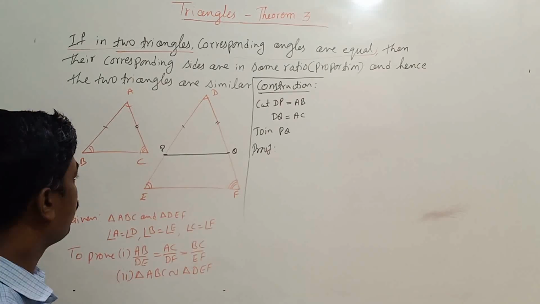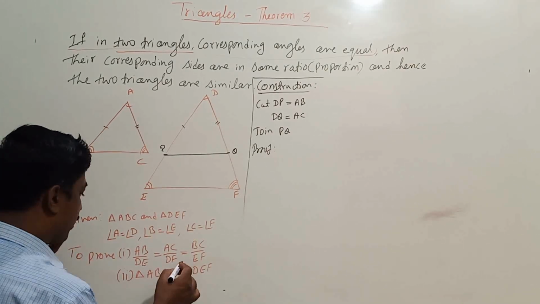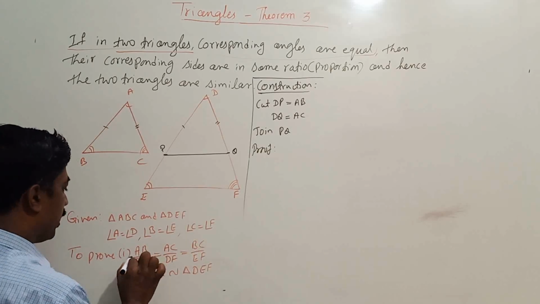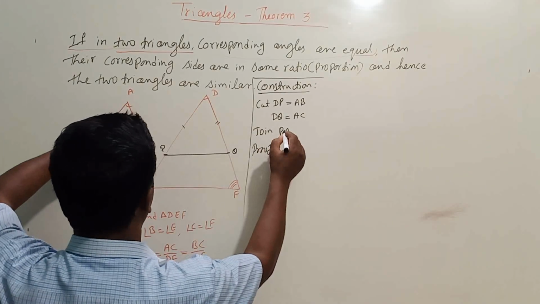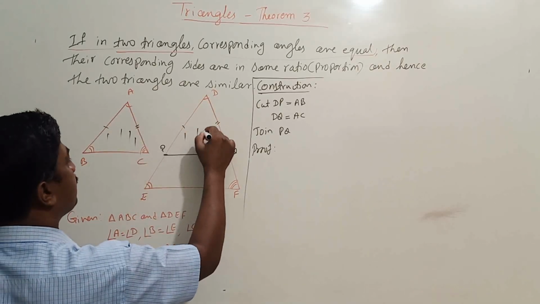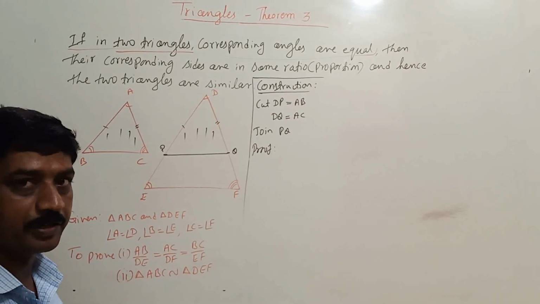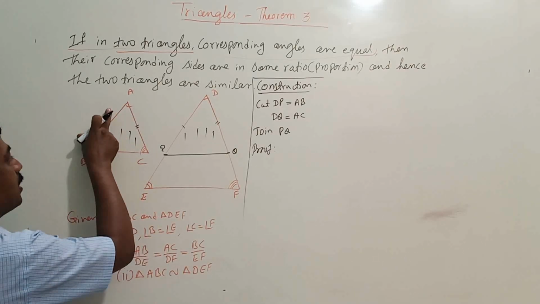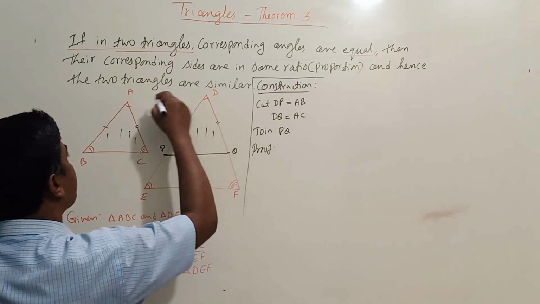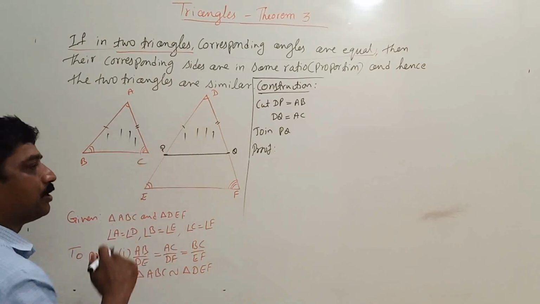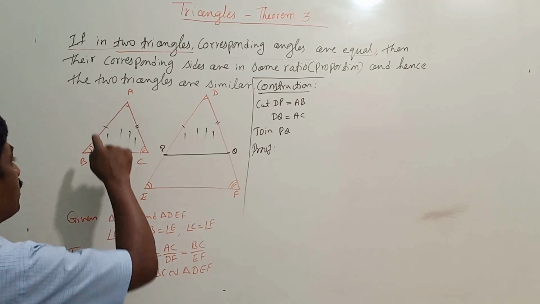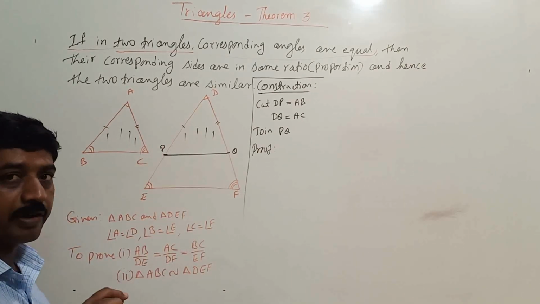So what I'm going to do first, check it out here. I'm going to take this part here. I need to prove this, right? So let me take these two parts here. And by SAS, let me prove that these two triangles are congruent, because AB is equal to DP and AC is equal to DQ by construction, and they have given angle A is equal to angle D. That means these two triangles are congruent by SAS congruency criteria.